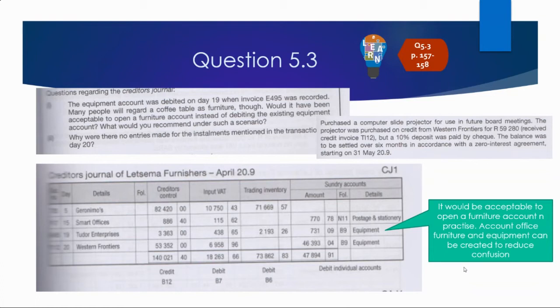Okay, so tomatoes say when we buy on credit, we record that in our creditors journal. Okay, yes, so when we buy on credit, we record the credit transaction in our creditors journal.